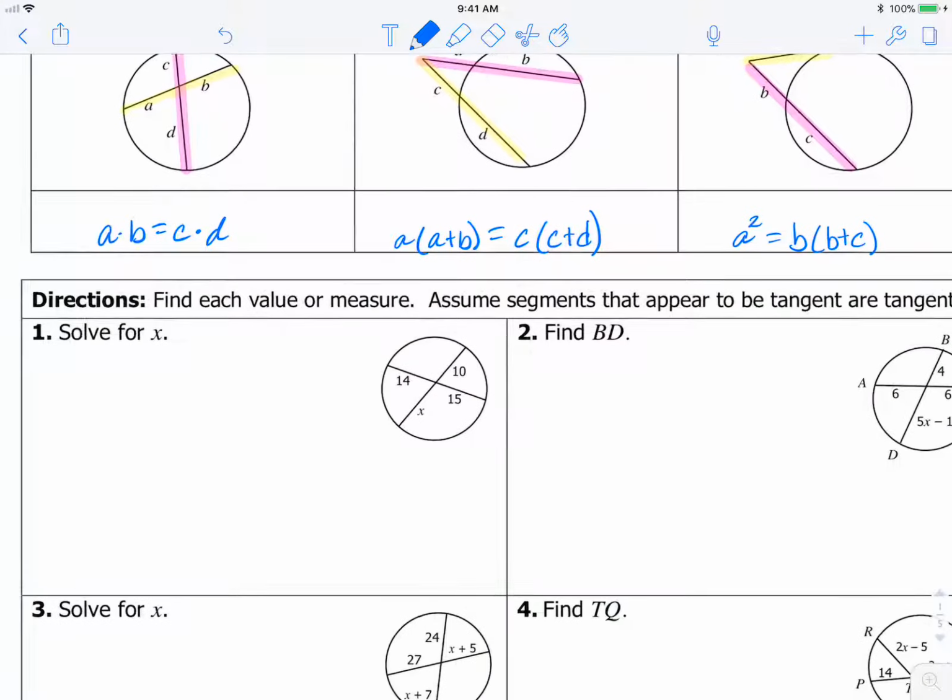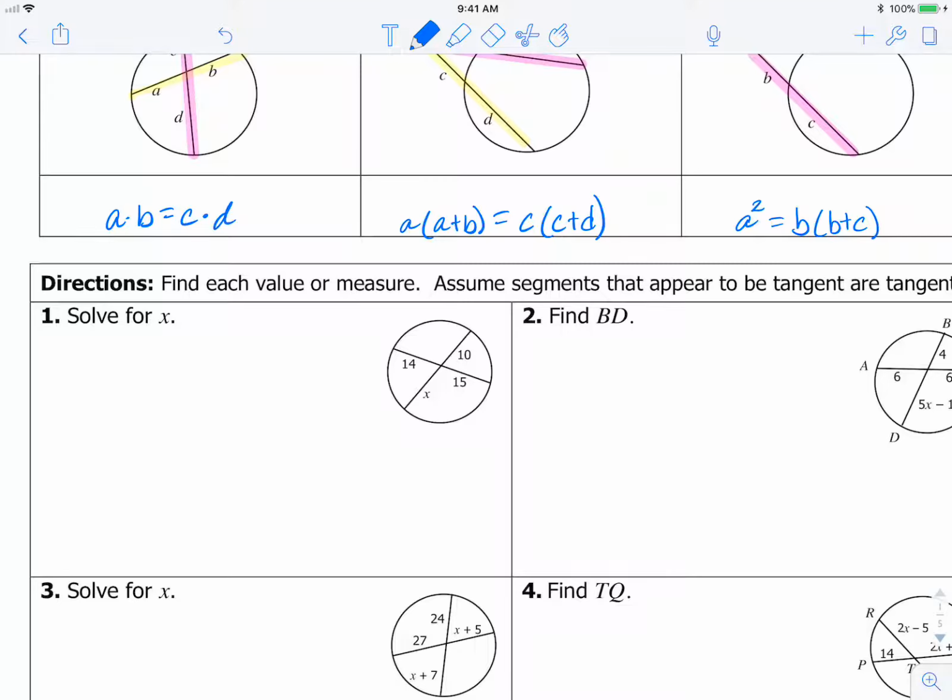Okay, all right, so let's try the first one here. We're solving for x, so we have two chords. We have the chords made up of x and 10. We've got the chord made up of 14 and 15. So we're going to say 10 times x equals 14 times 15.